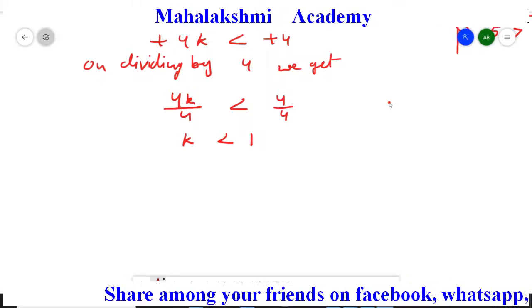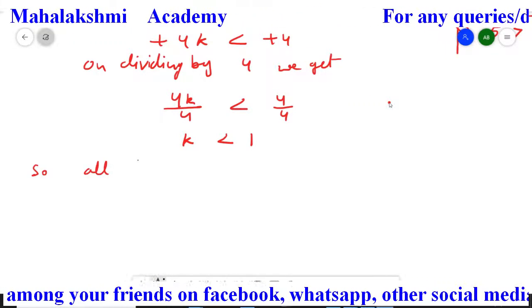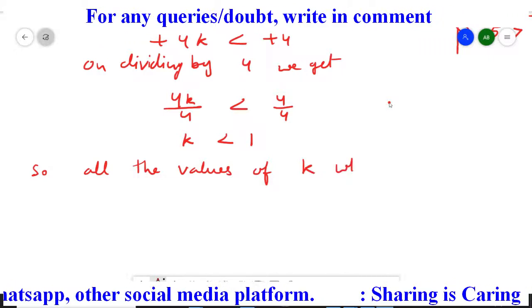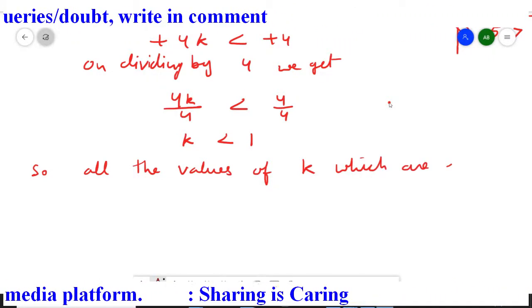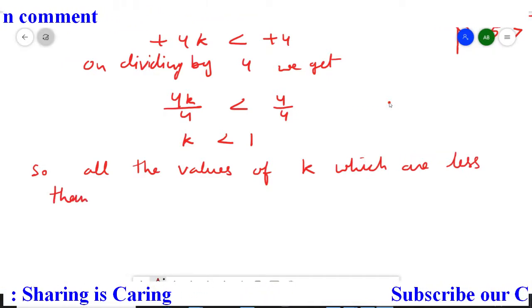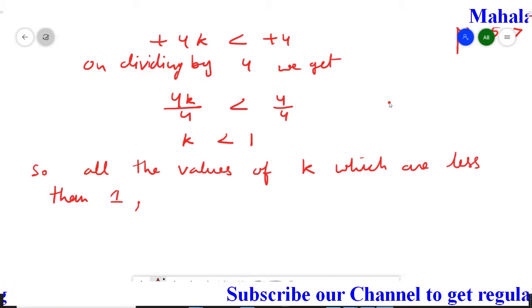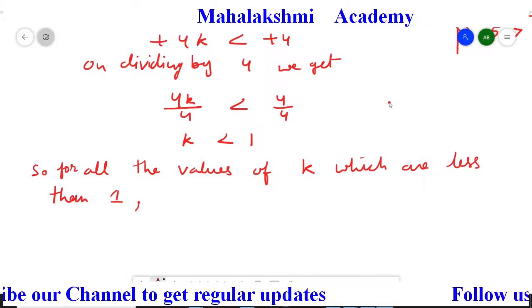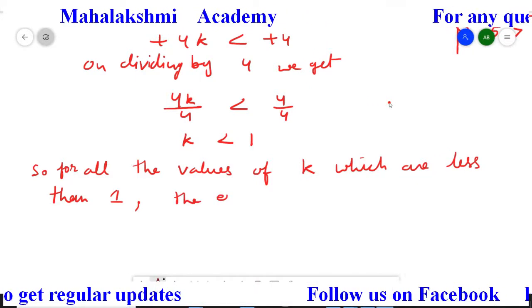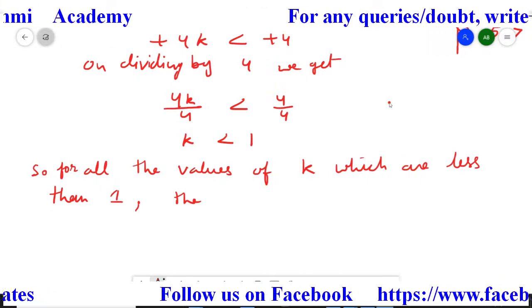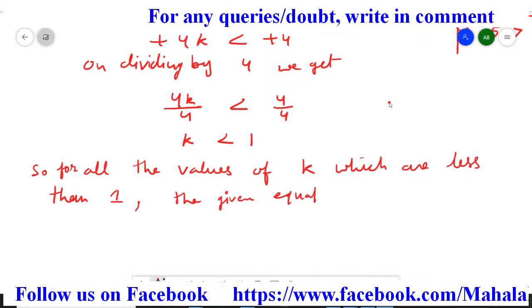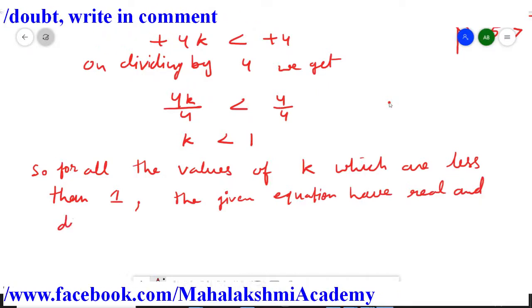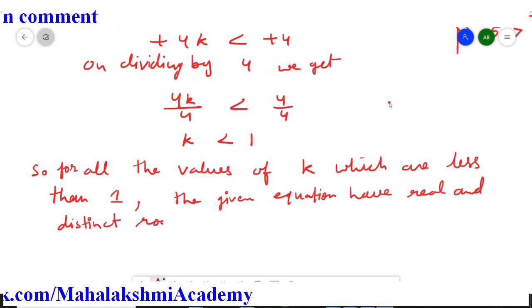So we'll write here: all the values of k which are less than 1, the given equation has real and distinct roots.